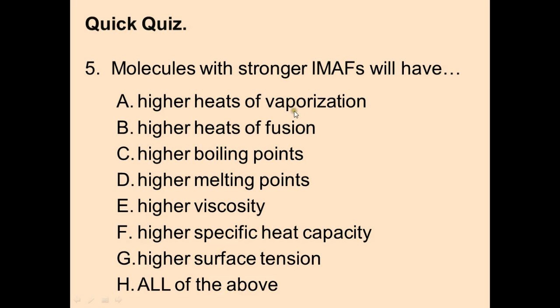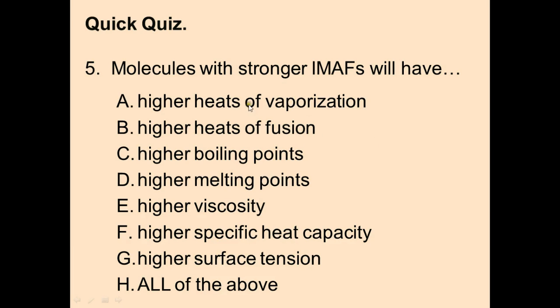And also, stronger IMFs do increase heats of fusion, or how much energy we need to melt it, because again, solids have IMFs too. And so if there's more IMFs holding them together, again, they don't want to be in a liquid.